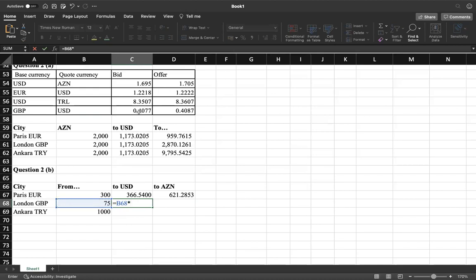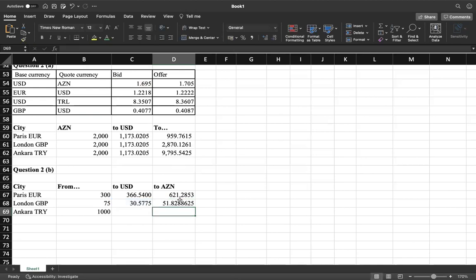British pound at bid rate. And to ASEAN, the same as we did before. We are taking USD ASEAN bid price because we are selling USD.